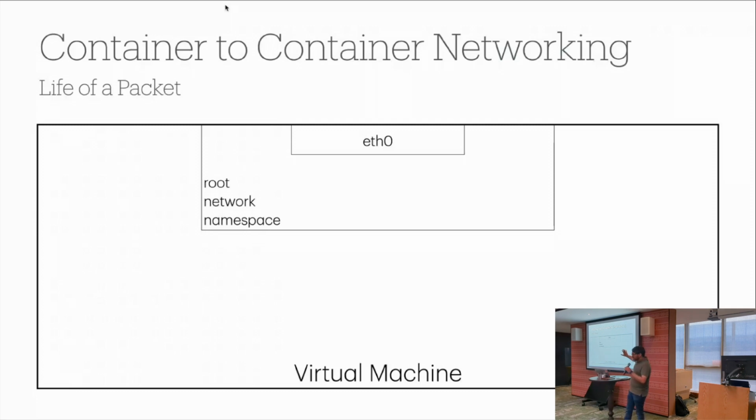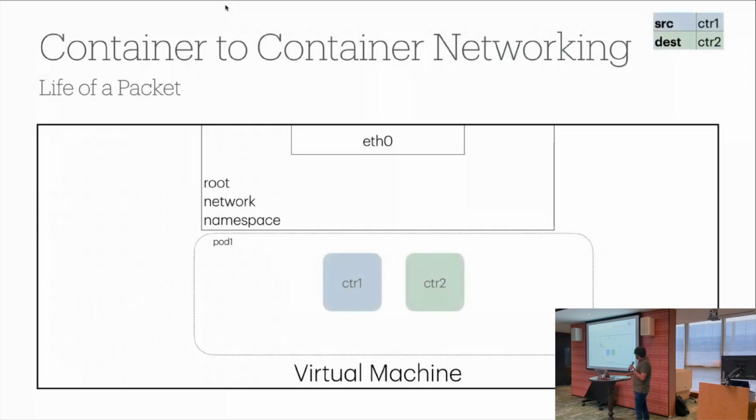The root device has its own network namespace, right? In terms of Kubernetes, we are all familiar with what this is. This is a pod, and the pod has 2 containers. A very simple scenario. Now, for running Kubernetes in Linux, every pod has its own network namespace, right? So that makes it easy.